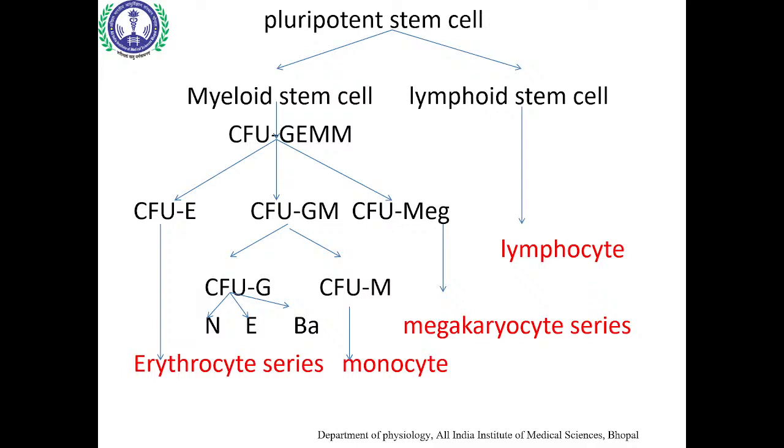In the myeloid stem cells, we have the colony forming units for the erythrocytes, for the granulocytes and monocytes, which further divides into two colony forming units: granulocyte, leading to the formation of neutrophils, basophils, eosinophils, and the other lineage leading to formation of monocytes, and the megakaryocyte as well, which are platelets. And then we have the lymphoid stem cells which are responsible for the lymphocyte cells.